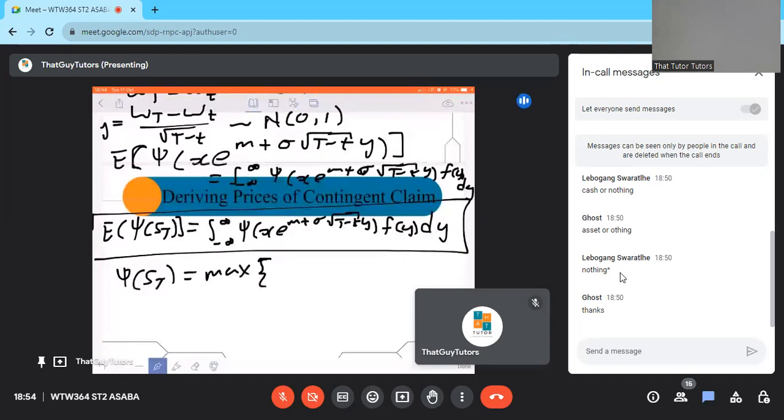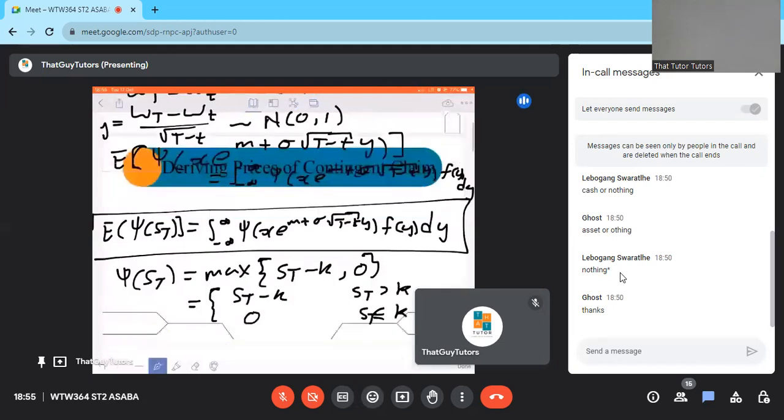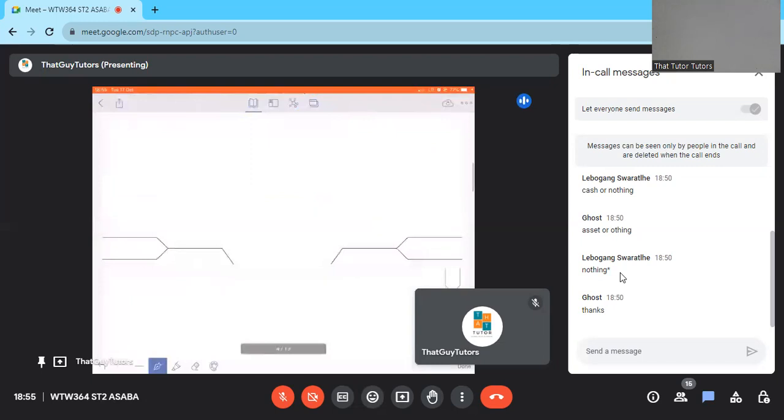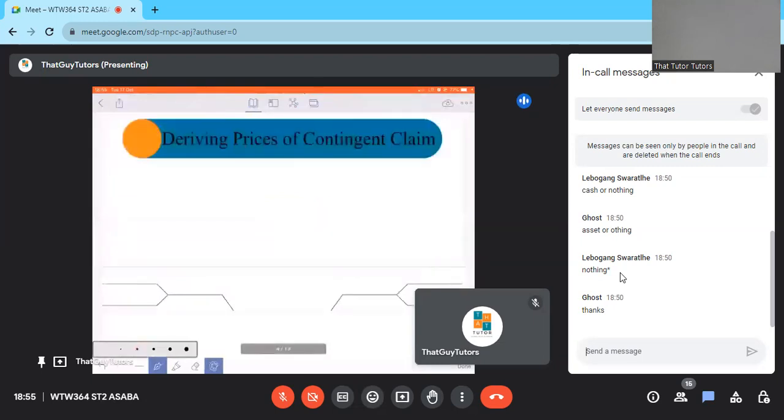So this is the call: st minus k when st is greater than k, or 0 when st is less than k. This was the payout for the call. If you know how to draw the payout for the call, it is going to be something like this.